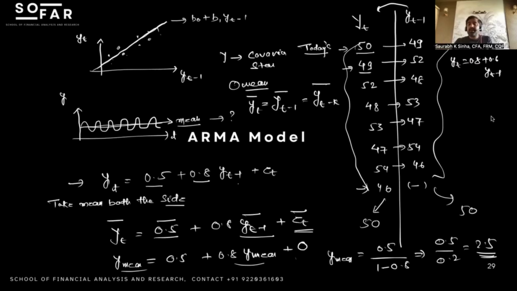The next time, for 30 data points, it came to 0.7 plus 0.9 into yt minus 1. Now my question is, how would you know statistically that b1 is exactly equal to 1 or not? How would you statistically prove that b1 is equal to 1? You got the question, yes or no? First of all, did you understand the question?